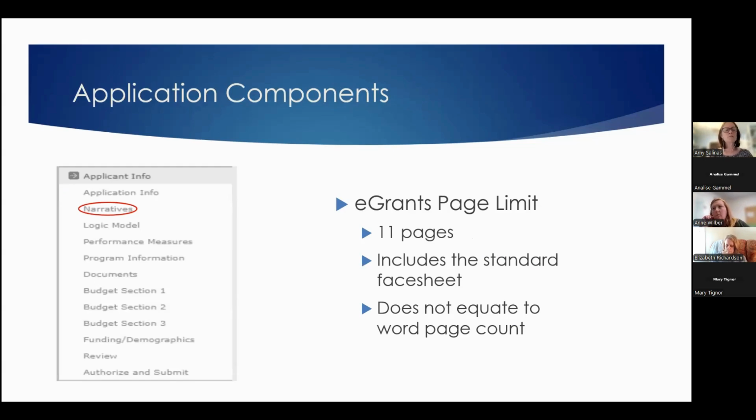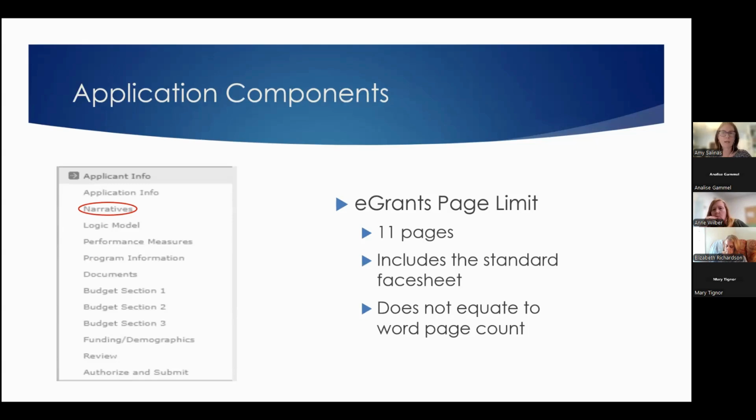I'm just showing you a screenshot of the application components that you're going to have to complete. Today, we're going to be talking about the narrative specifically, but there's several other things: the logic model, performance measures, budget. There's some basic demographic information. We'll try to highlight that at some different times. But one of the big elements is the narrative. It's 11 pages as it prints out in the system called eGrants.